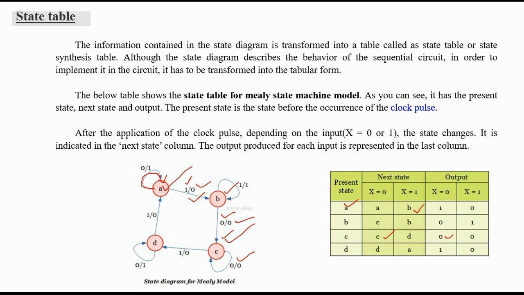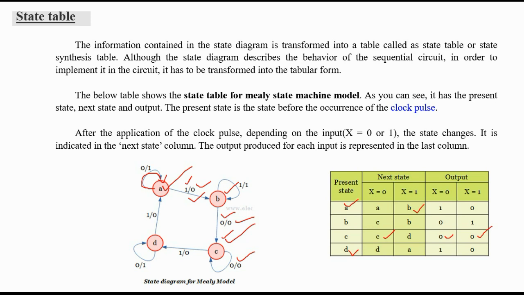And at the same time from C, x equal to 1, and the output is 0. And finally you take the D state, from D to A.